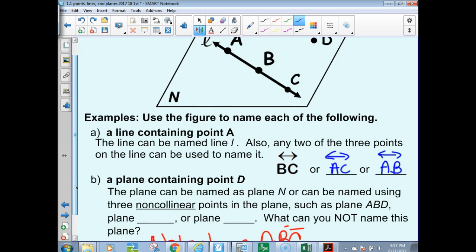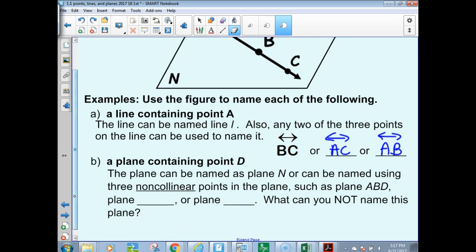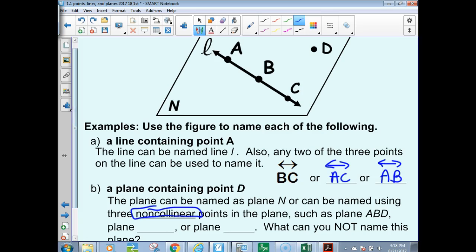We want to name a plane containing point B. I can see that I forgot to erase something down here. The plane can be named as plane N because of N being the non-point in that corner there. Or it can be named using 3 non-collinear points, very important, they can't be in a straight line, such as plane ABD. We could name it plane ACD. Or, what's another way?